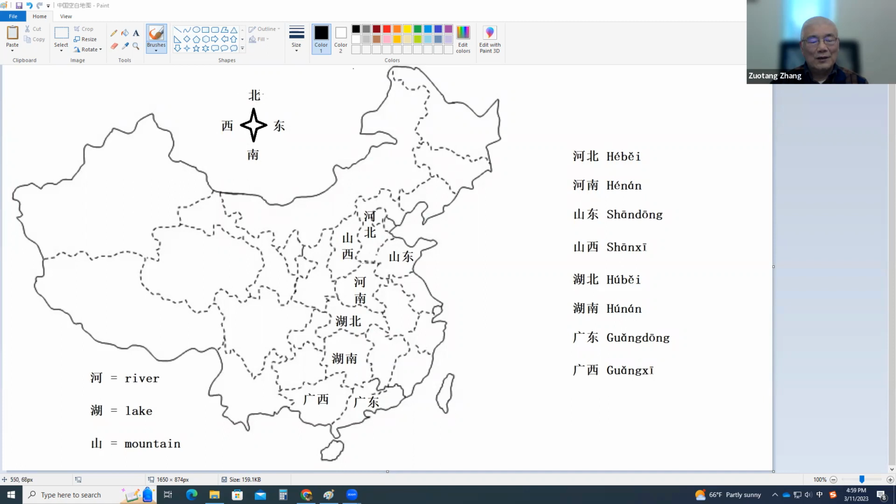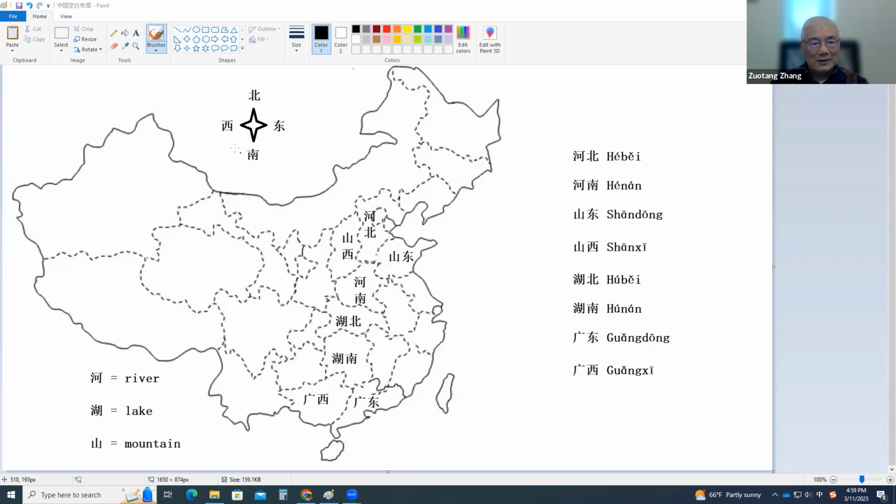The Chinese way of talking about the directions is clockwise, starting from the east.